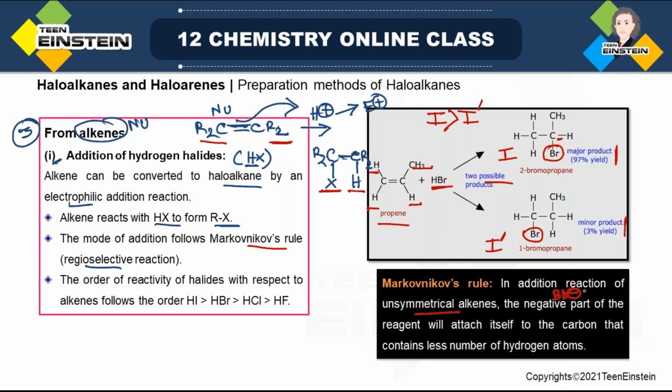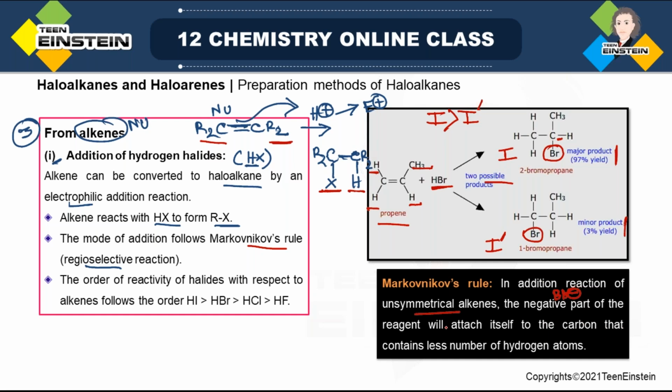There is a reason for that. Here we are discussing HBr addition, but if you want to use this rule in a broader sense, it is better to use the term the negative part of the reagent, because in some books you may find it mentioned as the halide will be added to this carbon or that carbon, but I will suggest using this line, that is, the negative part of the reagent.